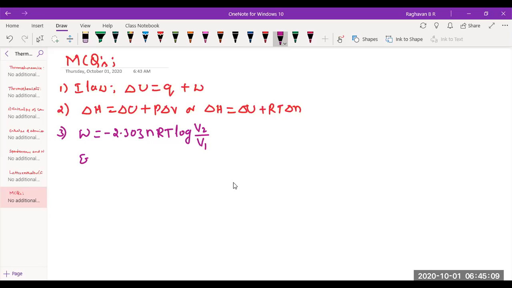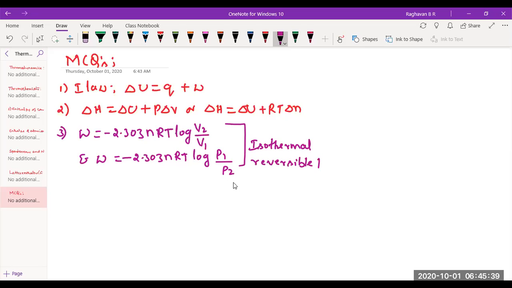And W is equal to minus 2.303 nRT log P1 by P2. Okay. So this is work done during isothermal reversible process. Temperature constant, reversible, very slow process.